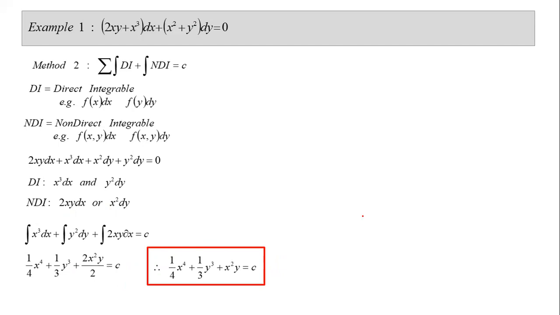Or you can use this x squared dy. This is the direct integrable, and you just pick x squared dy, so that's the integral of x squared dy partially, and that's equal to c.